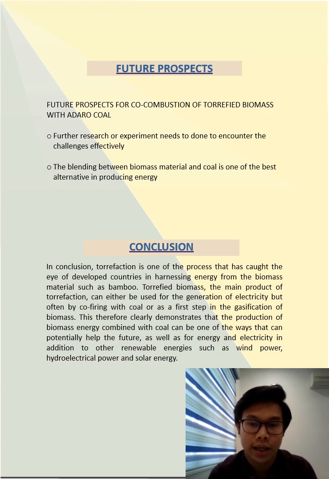This therefore clearly demonstrates that the production of biomass energy combined with coal can be one of the ways that can potentially help in the future, as well as energy and electricity in addition to the other renewable energies such as wind power, hydroelectrical power, and solar energy.